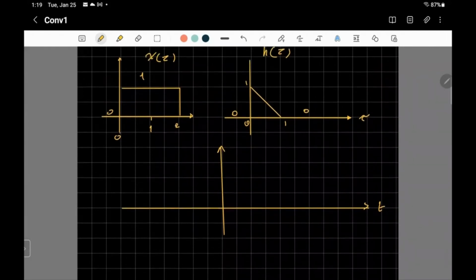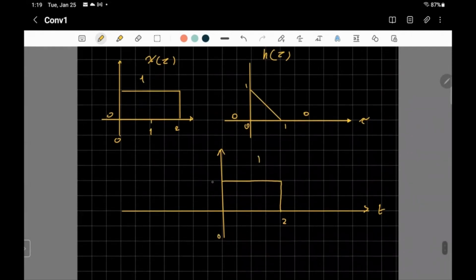So it's from 0 to 2. From 0 to 2. All right. And height is 1. And now I'm going to flip h of tau. How do I flip h of tau? It's easy, just make it like that. It'll be from -1 and height is 1.